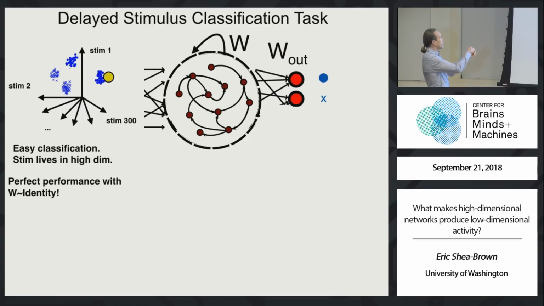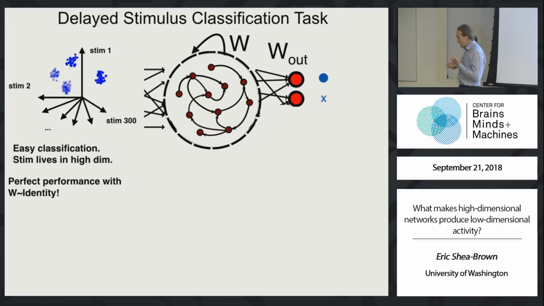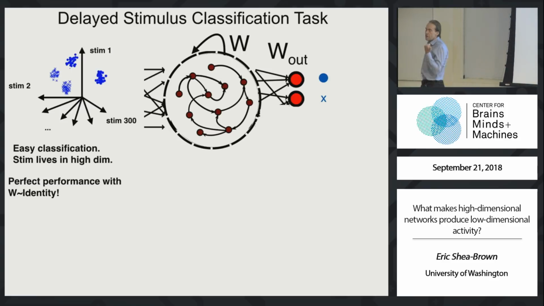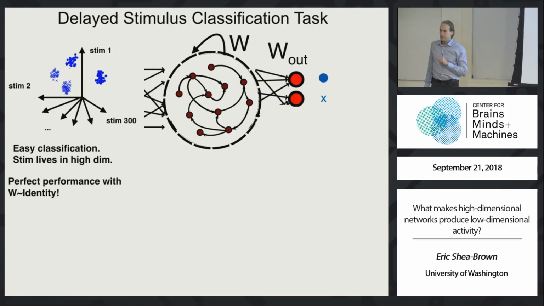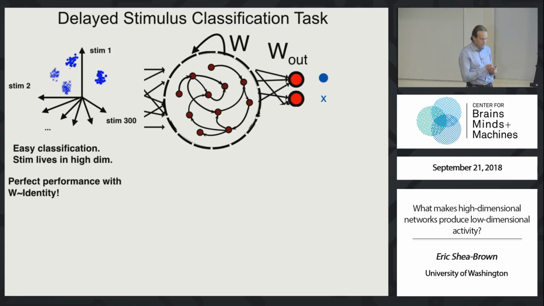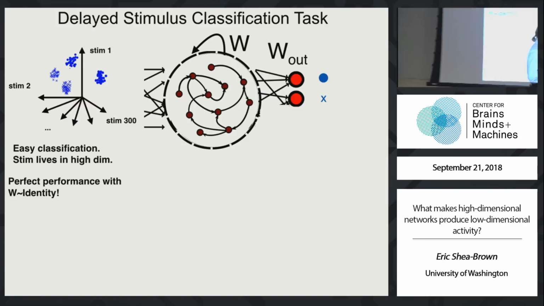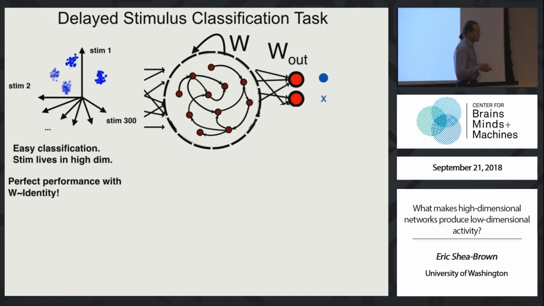You can easily separate this type of thing with a hyperplane and get 100% accurate classification. So I'm not solving a stunning machine learning problem. Instead, I'm trying to ask how learning rules cause recurrent neural networks to find particular solutions that may have a particular dimensionality to such problems. And by choosing such an easy problem, I'm attempting to isolate the role of learning rules and the fact that we're solving this problem using a recurrent network.